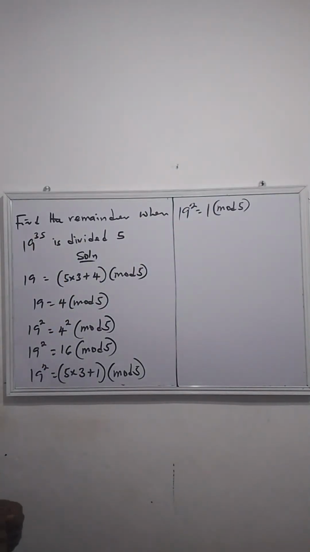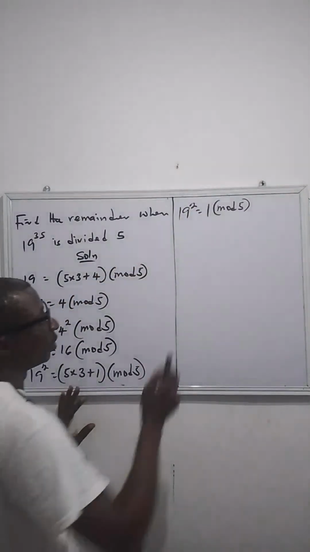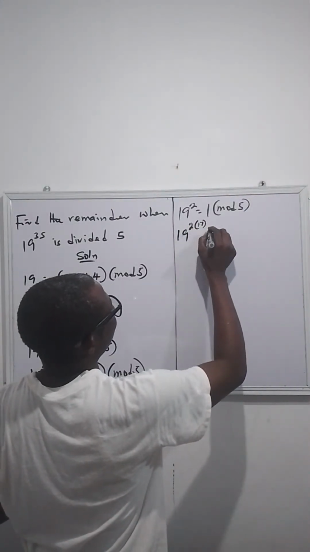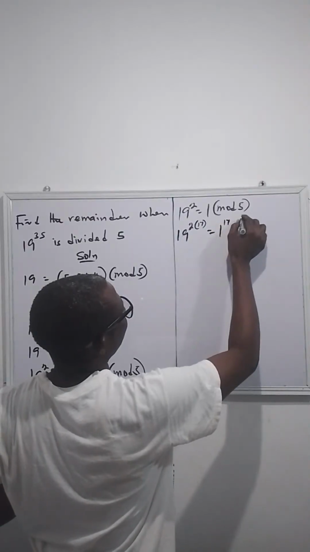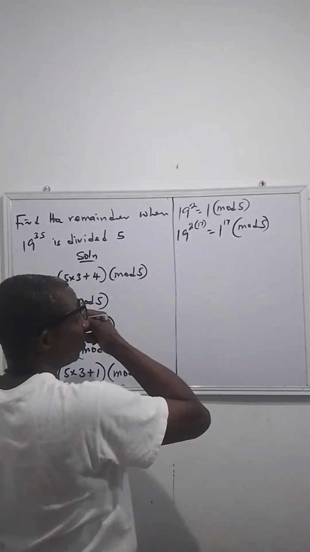All right. What if I multiply with 17? So I multiply both powers by 17 too. I have 19 raised to the power of 2 times 17 equals 1 raised to the power of 17 in mod 5.